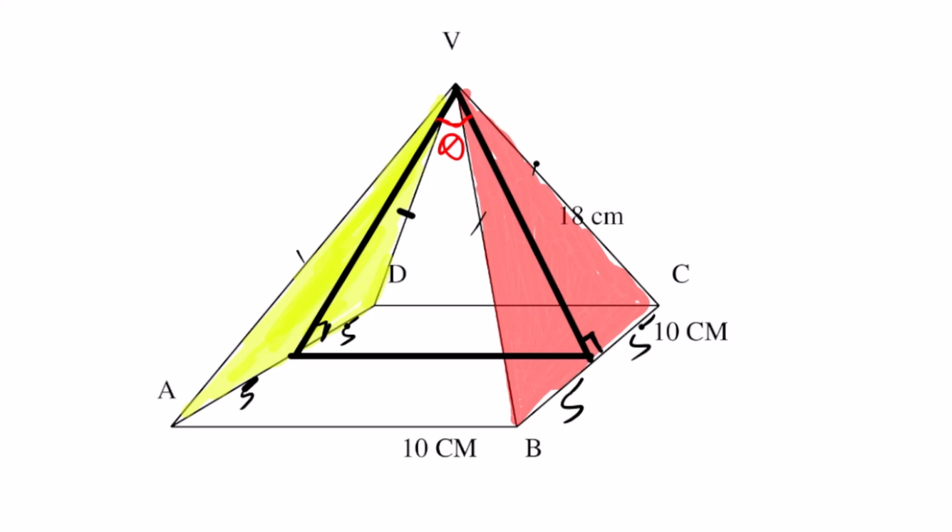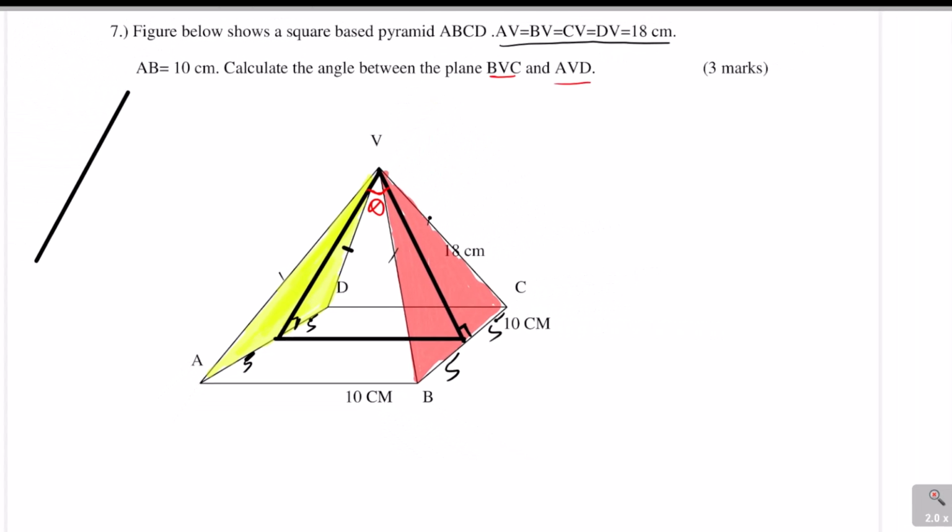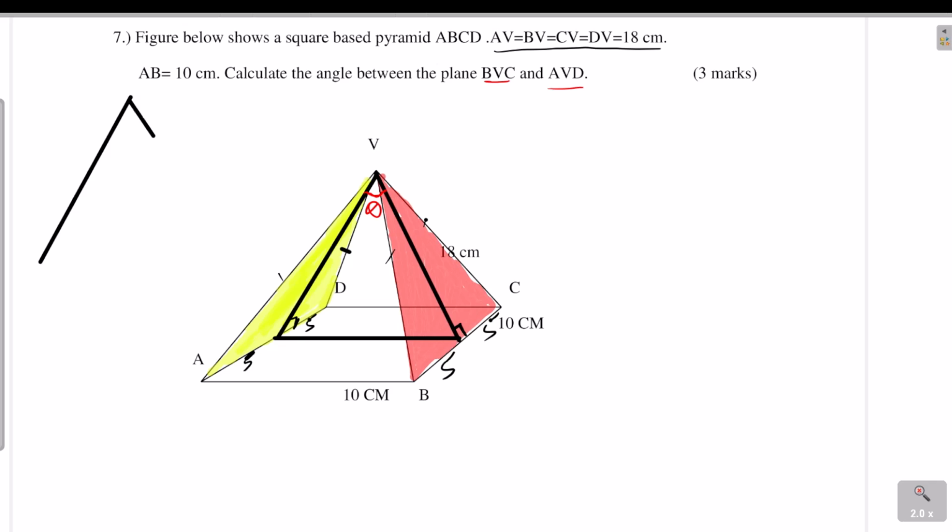So if I extract one of these triangles here, let me extract it. So this is VBC. I just need to use one because they are equal. These are triangle VBC and VAD.